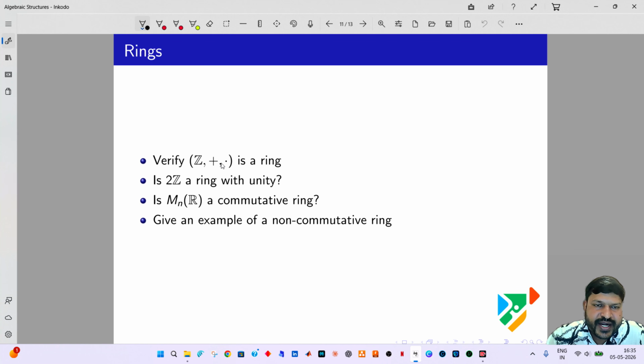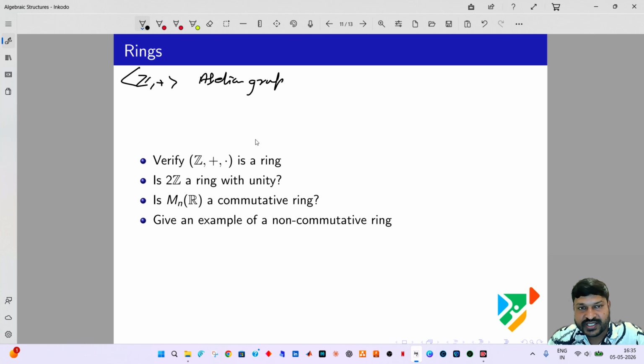Next, we verify that Z with plus and this multiplication is a ring. We have already seen that with respect to plus, it is an abelian group. If this question comes in the exam, then you have to first show that it is an abelian group with respect to plus. Then with respect to dot, it is a semigroup, which you can see is associative.